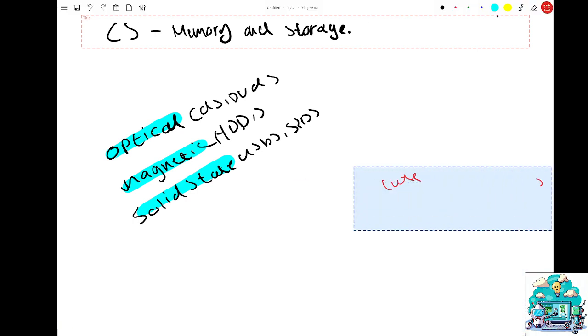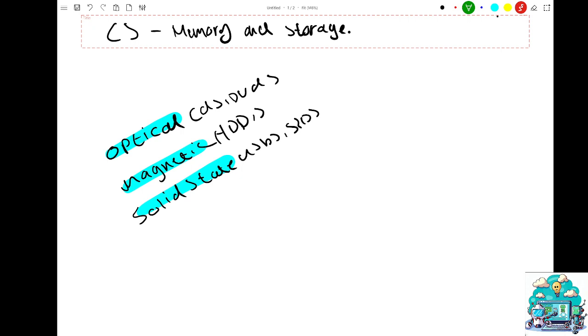So other factors to consider. We need to look at capacity. So capacity of optical wouldn't be that large. I can't remember the figure off the top of my head, but it's quite small.